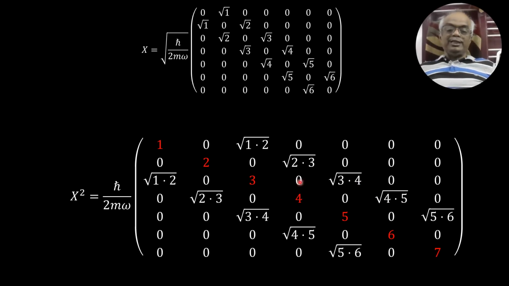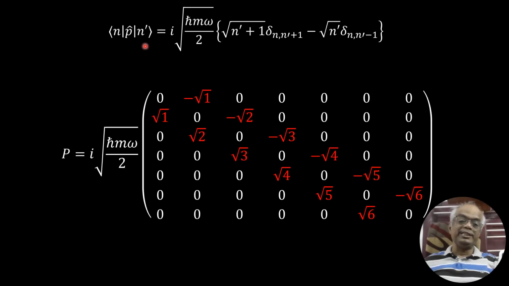It will go on. Similarly the lower, that is second diagonal. This is the main diagonal element, this is the first half diagonal element and the second half diagonal element. You will get the same thing: square root of 1 into 2, square root of 2 into 3, square root of 3 into 4. Since it is a very straightforward multiplication, squaring it, I am not doing it here. I will take the final result as it is.